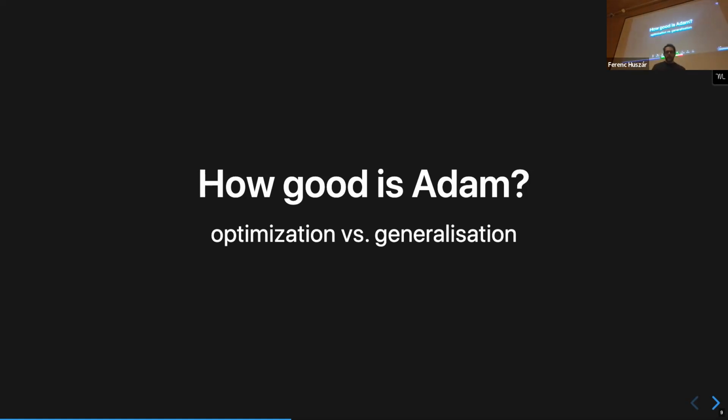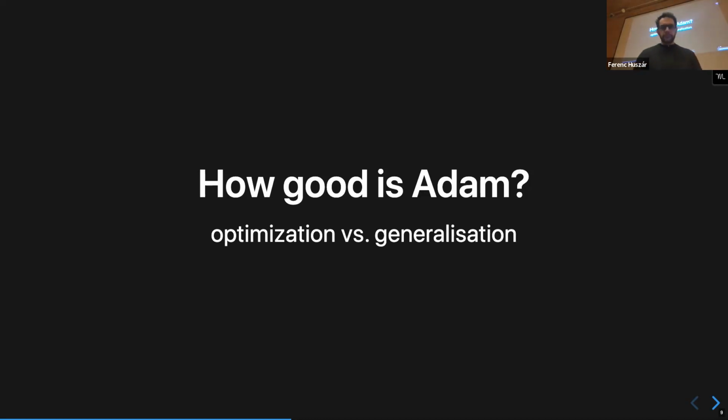But to answer how good Adam is as an optimizer, there are two different ways of answering that question. Initially, we mostly thought about the optimization aspects: how fast it converged or how robust it is. From an optimization perspective, Adam is really good and usually better than SGD.